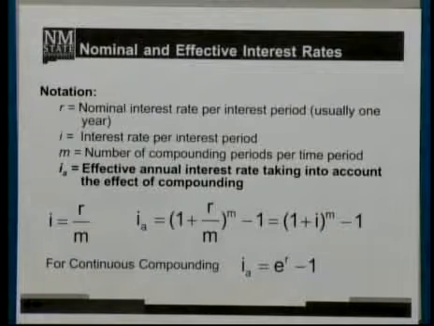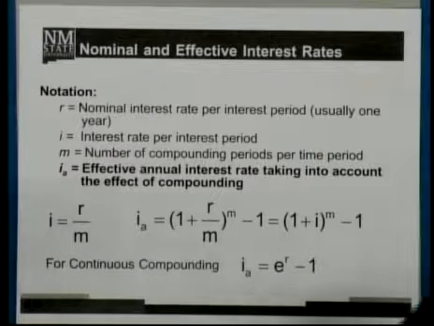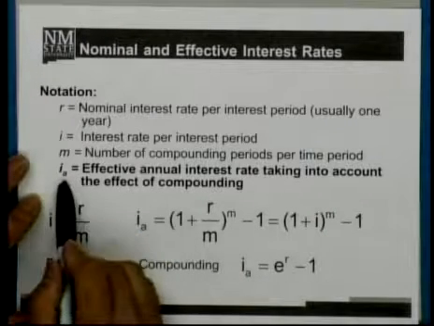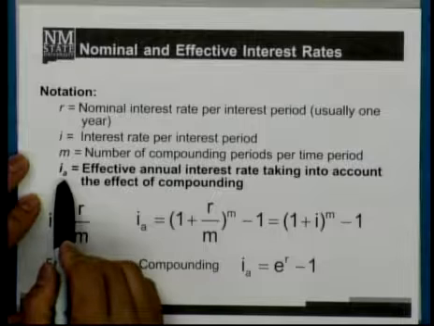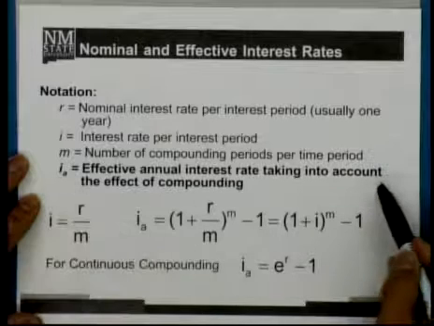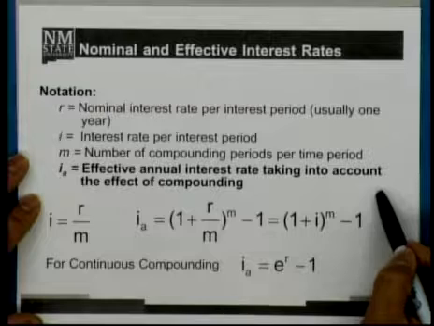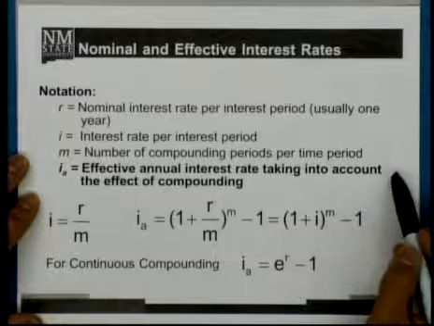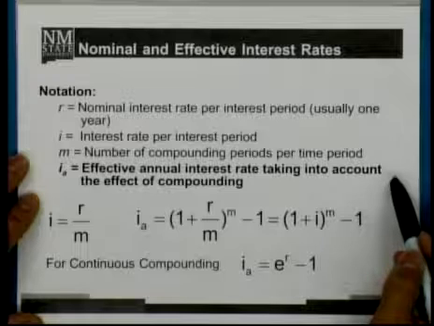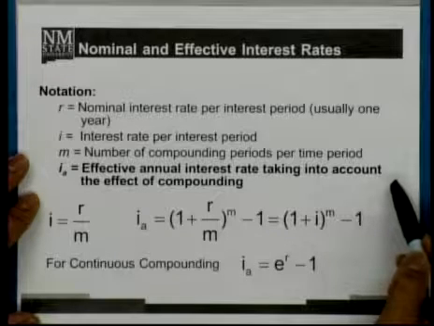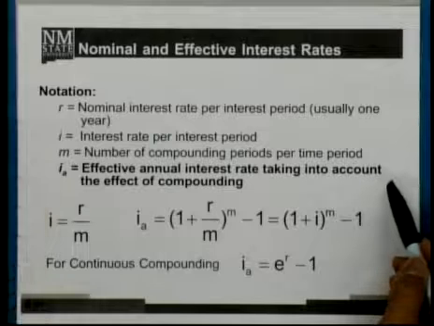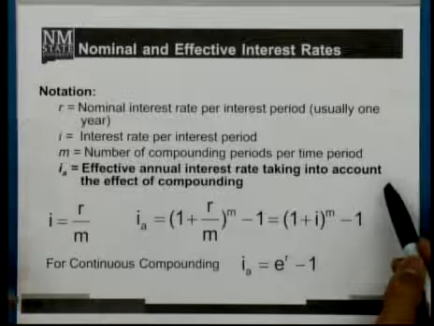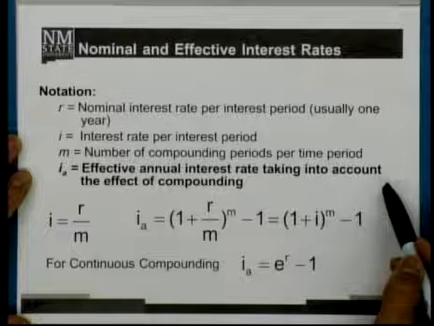Now we add effective interest rate, which is small i sub a, which does adjust for compound interest, to the previous notation. So if two nominal interest rates have different numbers of compounding periods, you cannot compare them directly.